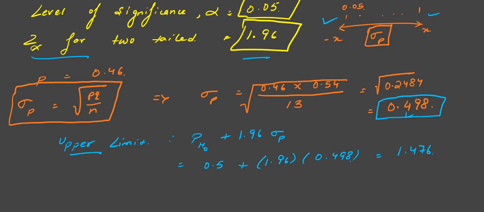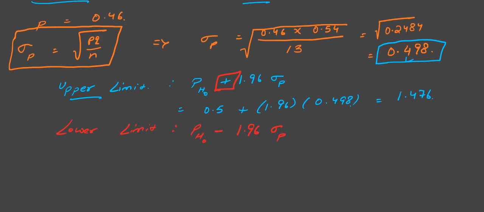Now we need to find our lower limit for the total acceptance region. The lower limit is represented by P0, and since for the upper limit we had a positive sign, in the lower limit we will have a negative sign, and the values will remain constant. So here is our new equation.